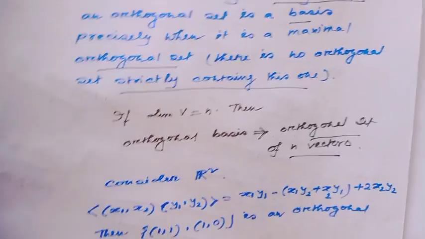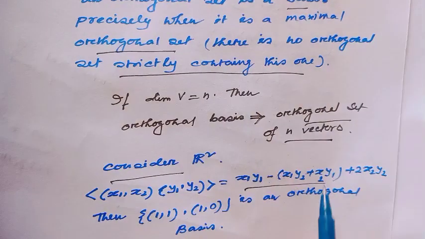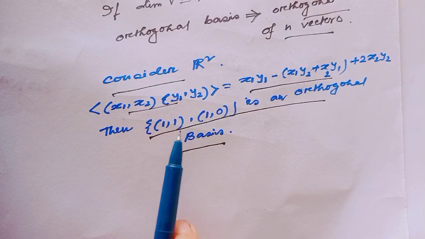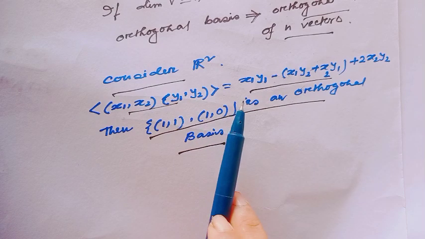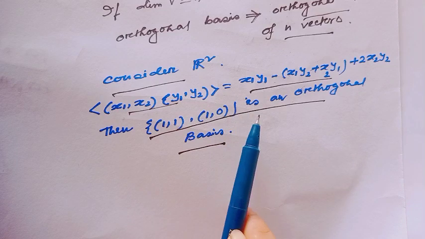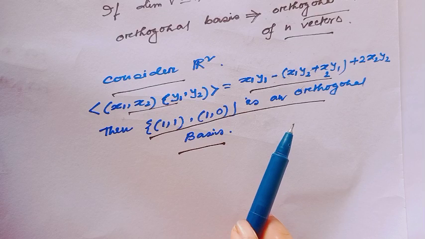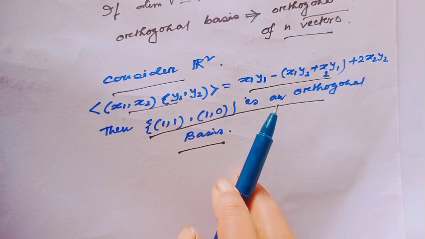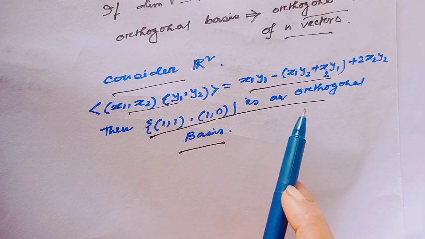As an example, consider R2 with this inner product. I have seen in my earlier video that this vector is orthogonal with respect to this inner product. That means obviously this vector is linearly independent, and this is actually the maximal orthogonal set in R2 with respect to this inner product.